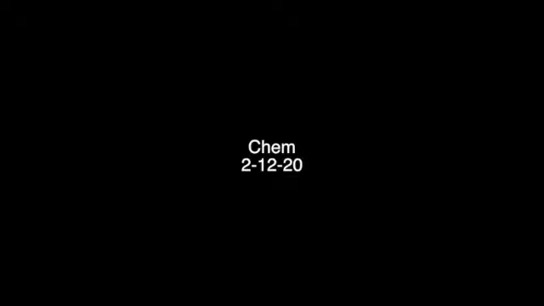Let's see, so if we have, do this one, okay, this one's a little different. If you add in OH minus to it, it becomes NH4OH, but this is really just ammonia.